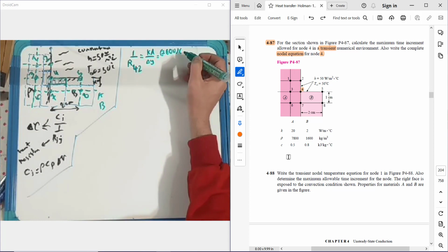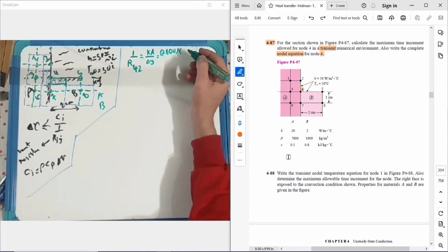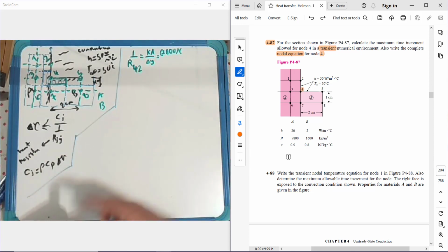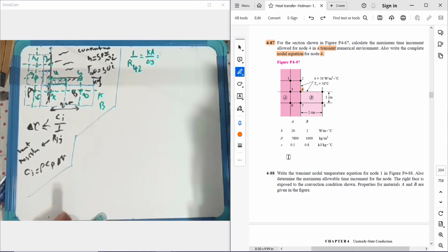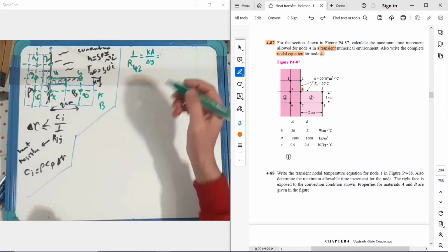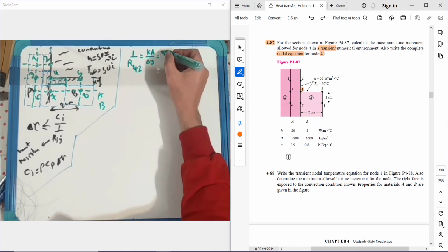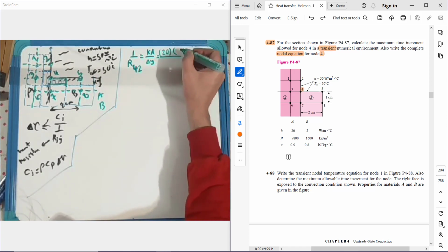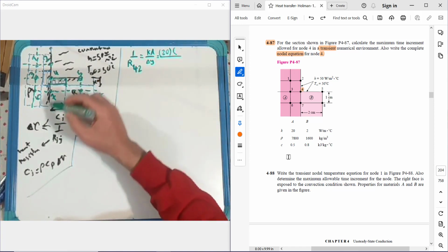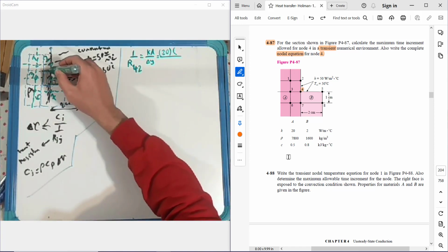And what is A? I made a mistake. The k is not 7800, the k is 20. That was the density. Multiplied by A. Which A? From here to here.